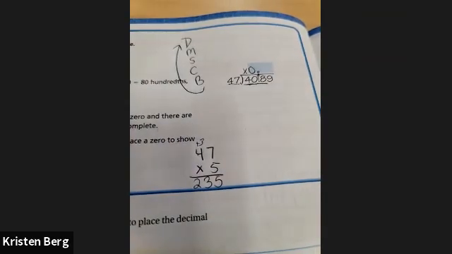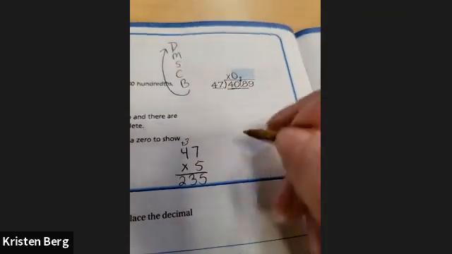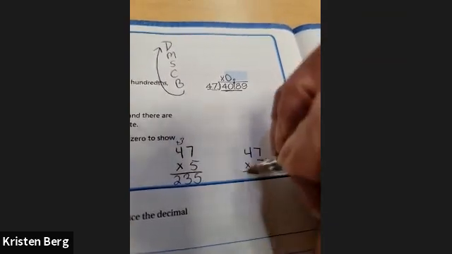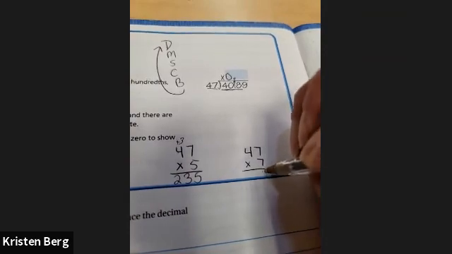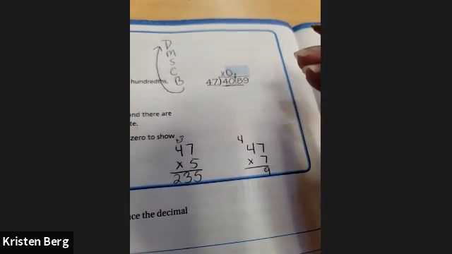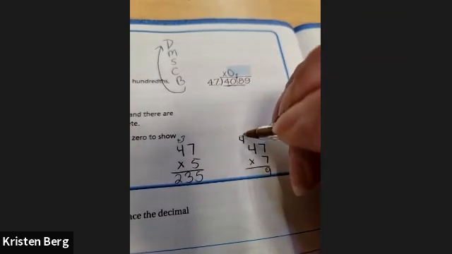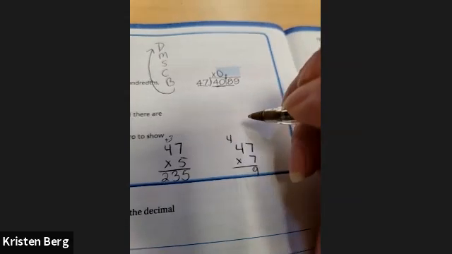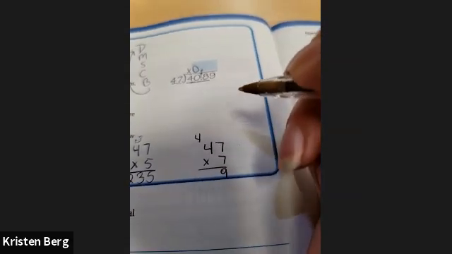We still need to be higher than that. So I'm going to go up to a 7. 7 times 7 is 49. Carry your 4. 7 times 4 is 28 plus 4 is 32.